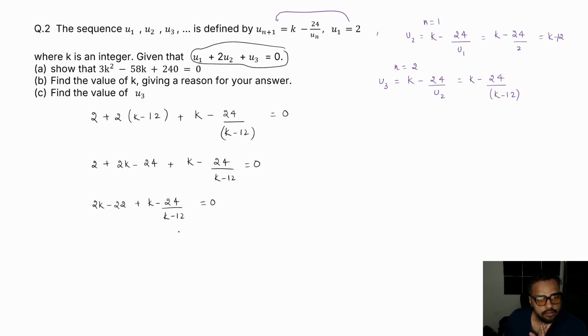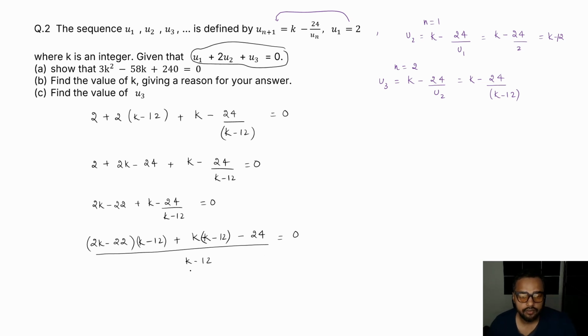So we'll be getting (2k minus 22) times (k minus 12) plus k minus 24, whole divided, with denominator k minus 12, equals 0. Now this k minus 12 will get multiplied on the right hand side, so we'll not be considering it.